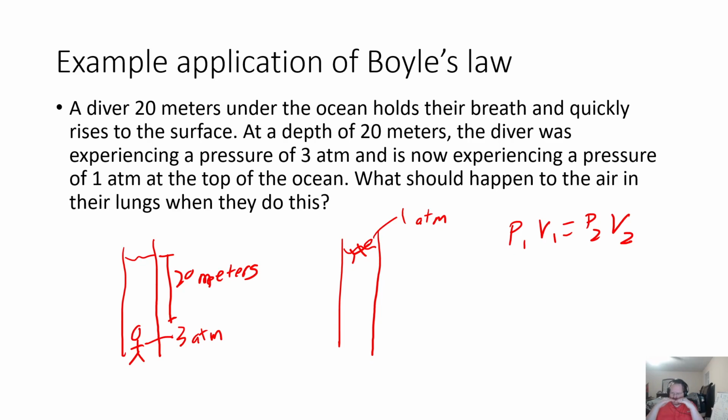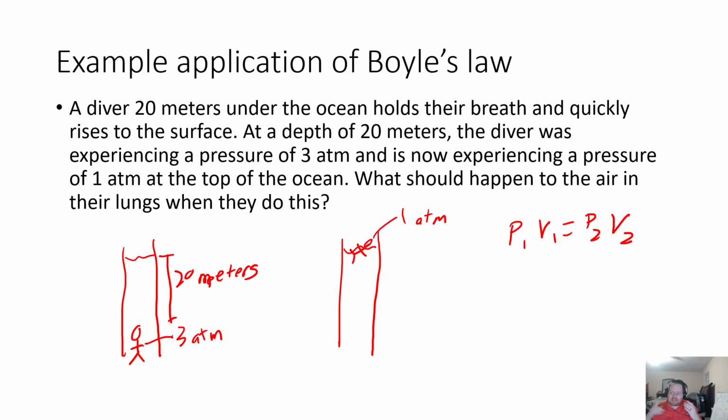Well, if you went from 3 atmospheres to 1 atmosphere, then the volume has to change in the inverse direction. So the pressure decreased by a factor of 3. It got divided by 3. So the volume should increase by a factor of 3. It should triple. If the air inside my lungs, because I held my breath, was suddenly trying to be triple the volume, my lungs would not like that.